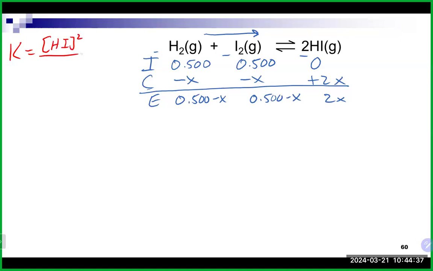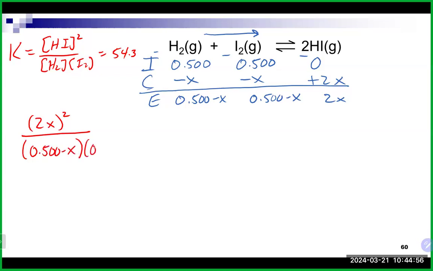Like we talked about, at this point the goal here is to solve for x. So we're going to go into our equilibrium expression that we wrote last time, and that would be 54.3. Putting that into this expression gives us 2x, and we're going to square it, divided by 0.5 minus x times 0.5 minus x is equal to 54.3.